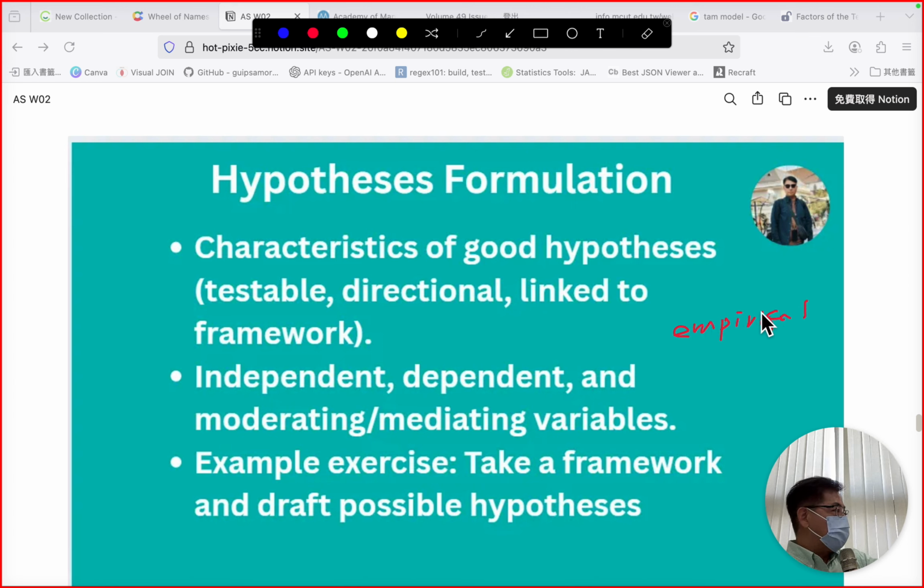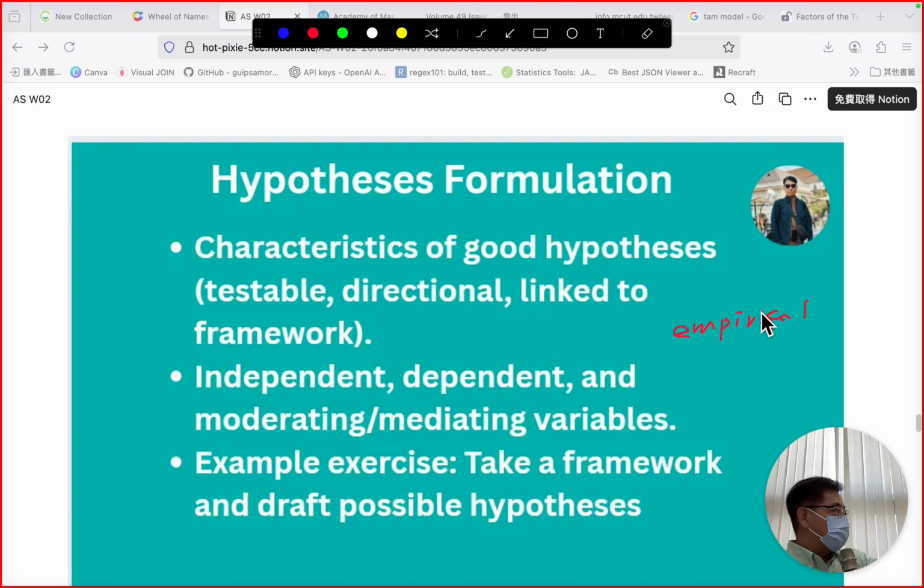Okay. So you can see the first key point here: a good hypothesis is generally based on what? Actually the framework is our framework, but it's based on the theory that you pick or select.